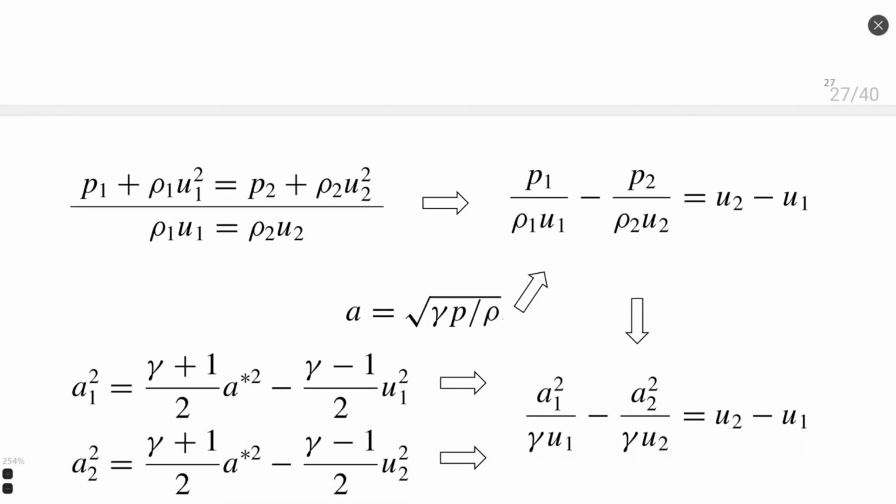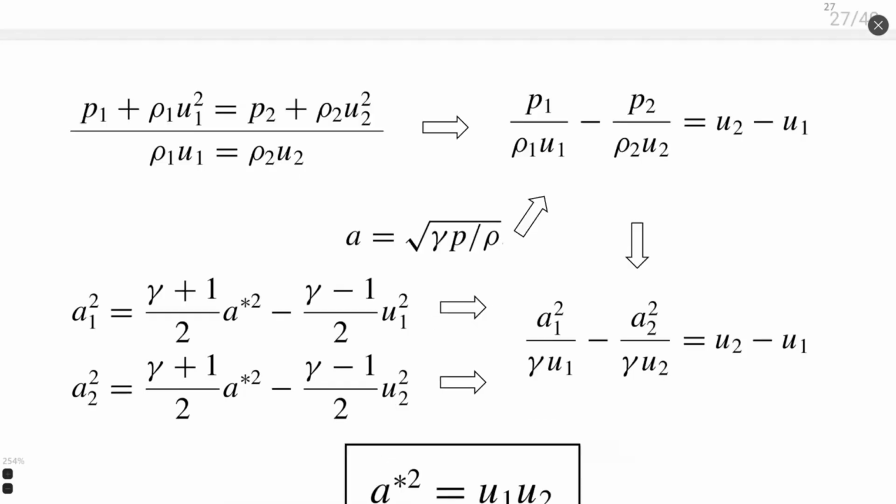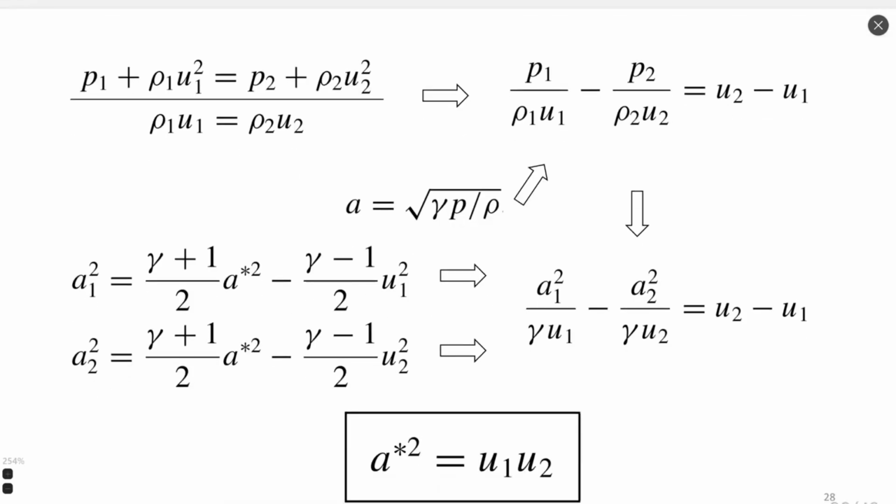Now we can combine these equations. You see the transformation algorithm; Anderson also shows a very similar algorithm of transformation. Here we start working first with the momentum equation, this one here, and the continuity equation here.